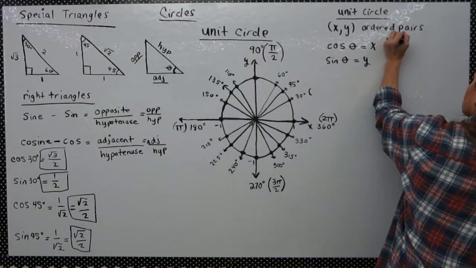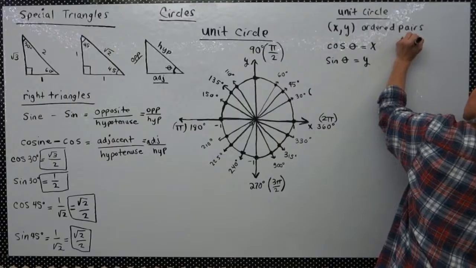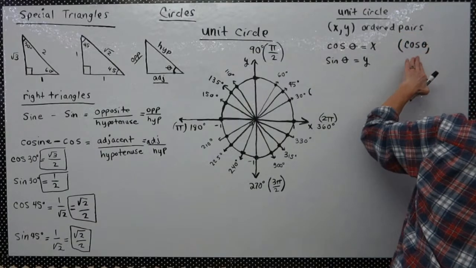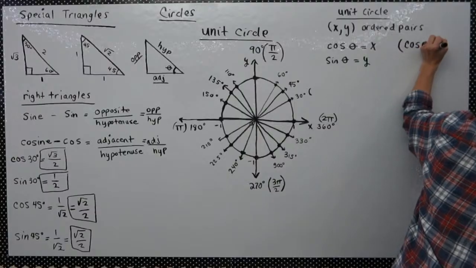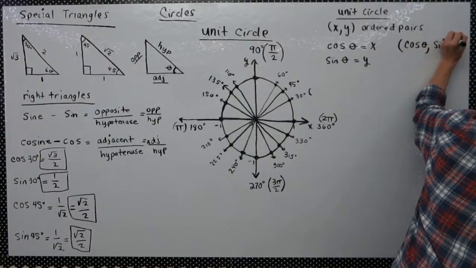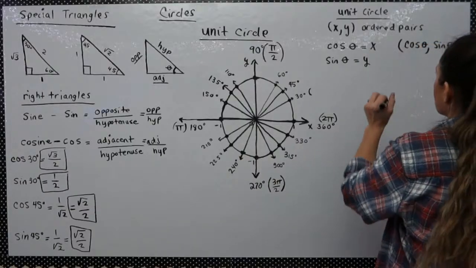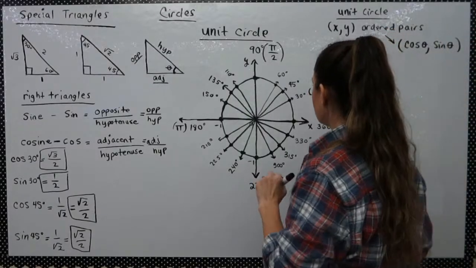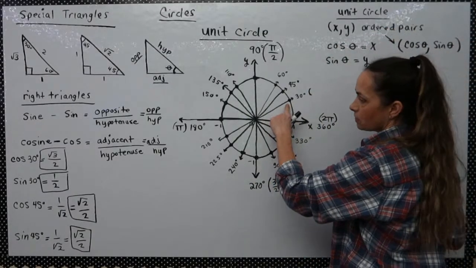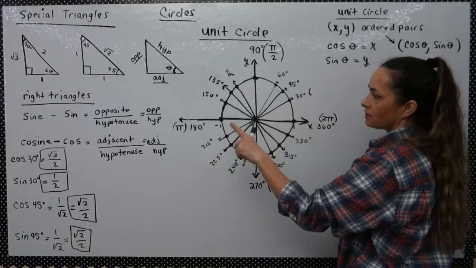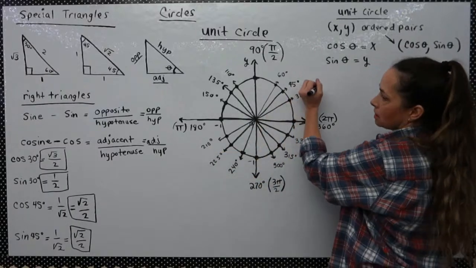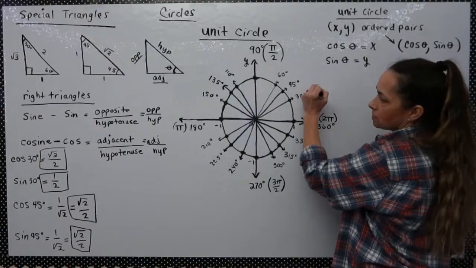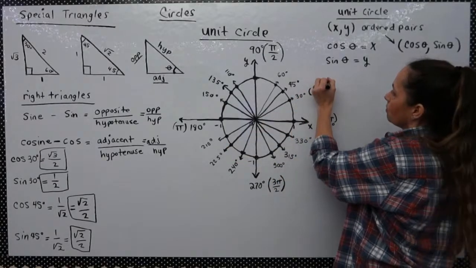And so it leads to the cosine of theta corresponding to your x component and sine theta corresponding to y as an ordered pair. So right here for 30 degrees, if I want to know the location of this point, I already have it according to the cosine. It's radical 3 over 2, comma 1/2.